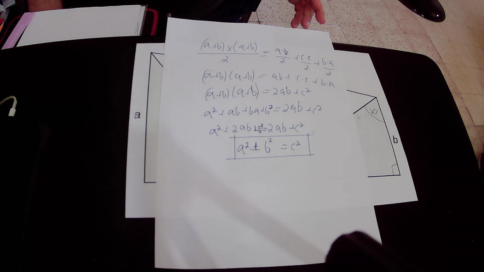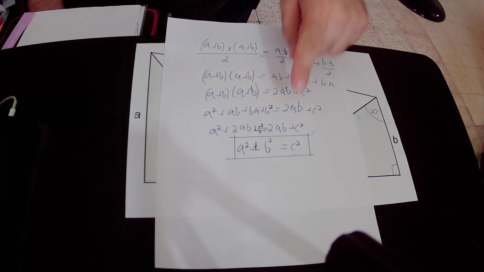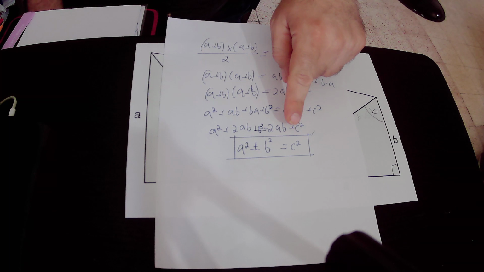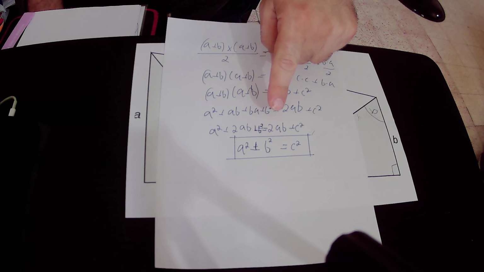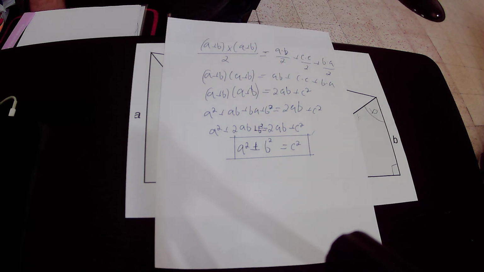And this is exactly the Pythagorean theorem that says that the square of the hypotenuse equals the sum of the squares of the perpendiculars, or c square equals a square plus b square.